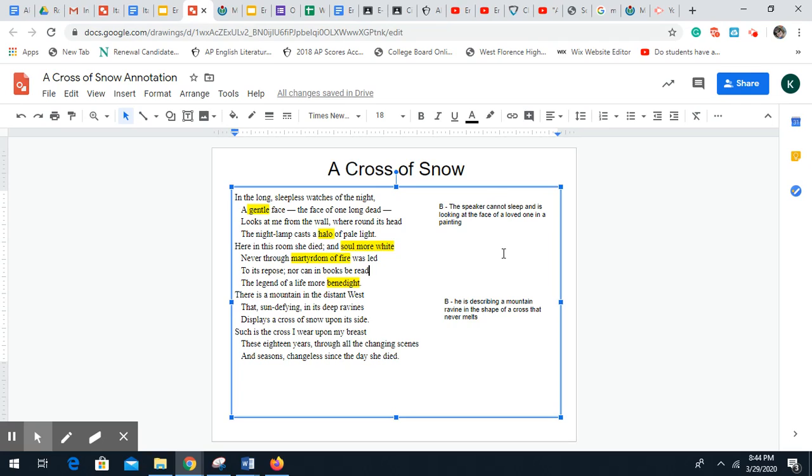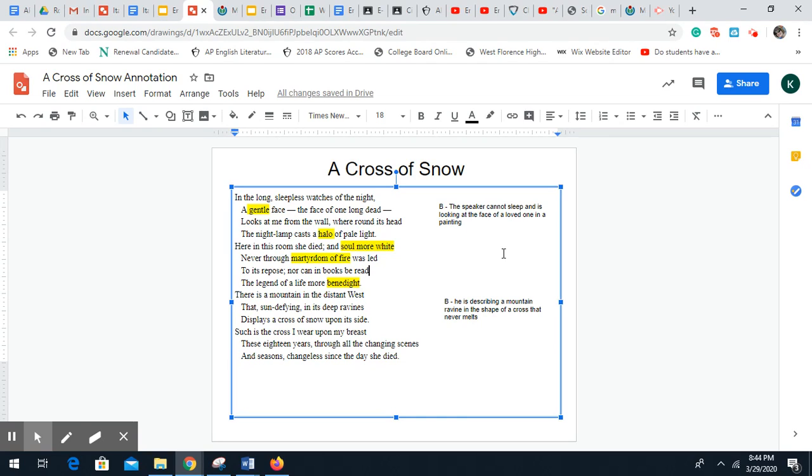And you're probably thinking of the same things my students think of. He says that she has a halo, or there's a halo around her picture, which maybe implies an angelic nature of her, and that would definitely go with the gentle face. He describes her soul as white, and white is often a color used to represent purity or goodness.